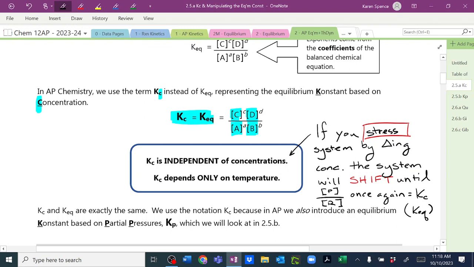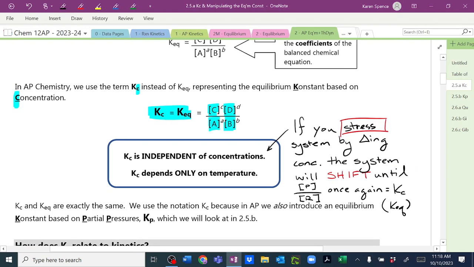Does that make sense? What's happening is that Kc will not change when you change the concentration. If you stress the system by changing the concentration, you no longer have equilibrium ratio, so you have a Q value, yes? Right, you're not at equilibrium, it's going to shift back to an equilibrium where the ratio is the same.